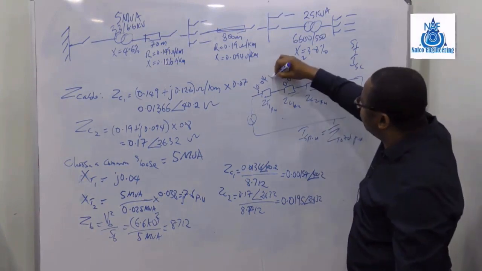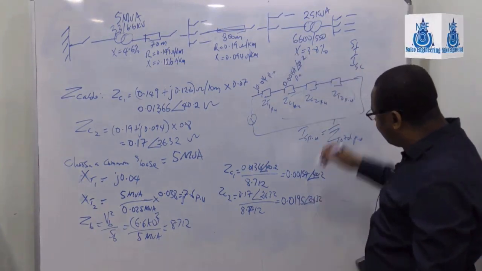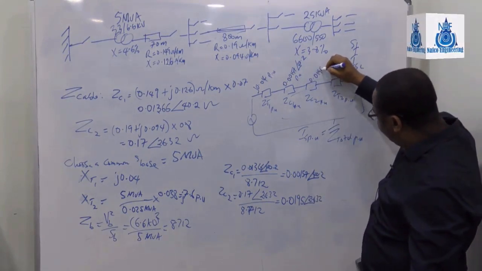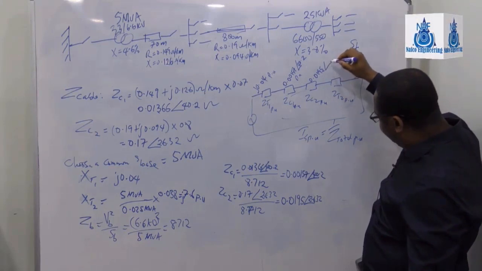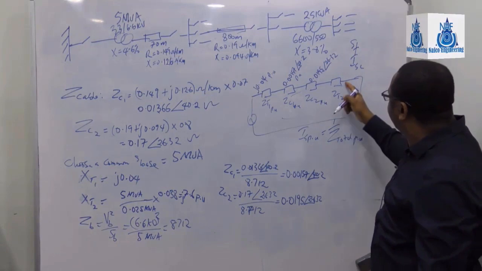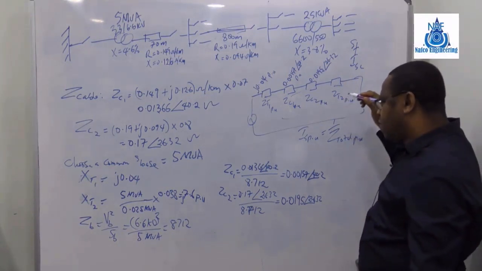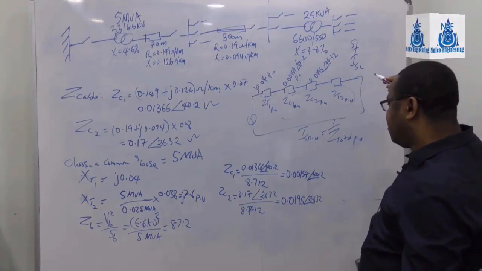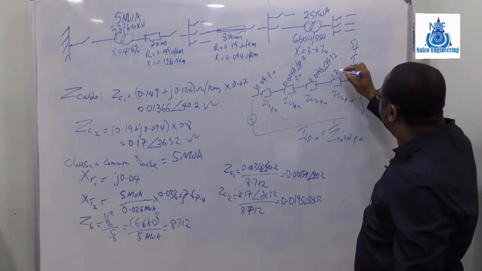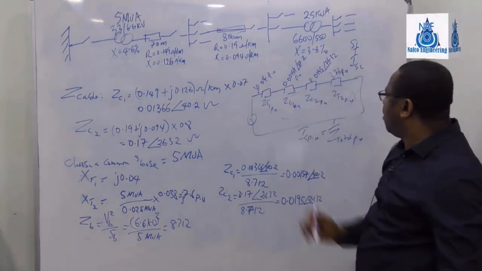All these are per unit. Now the next cable is 0.0195 with an angle of 26.32. And then transformer 2, we got that to be J7.6 in per unit. Okay, so we add them up.